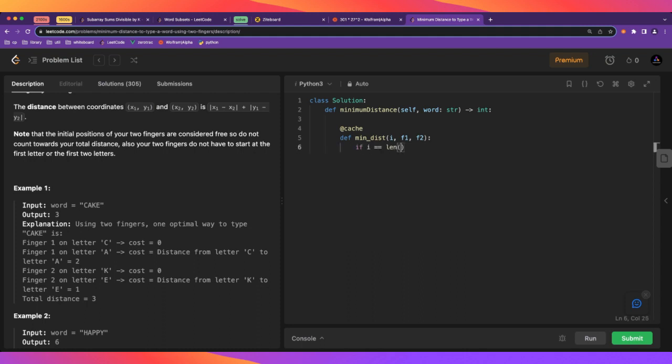We said that if we typed the entire word already, then we want the distance between f1 and word of i, plus the min distance of i plus 1, where we moved finger 1 to word of i, and f2 stays in the same place.